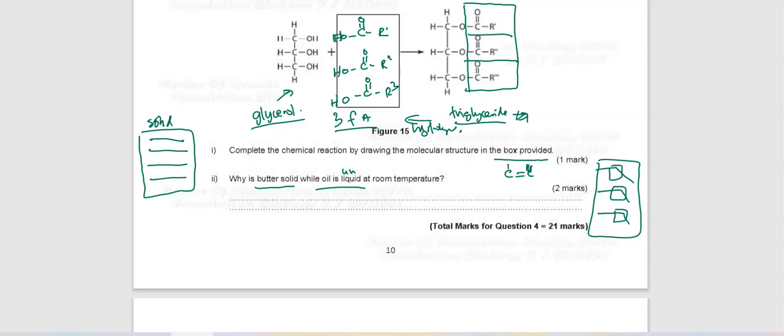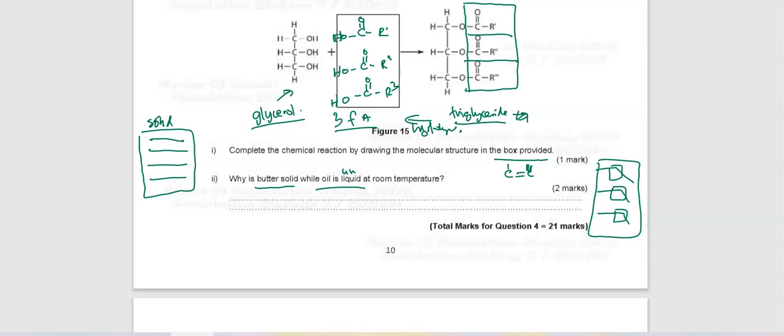So the structure is saturated with hydrogen, or there is a maximum number of hydrogen atoms in the molecule of saturated fat. There is no presence of double bond between the carbons in the fatty acid, and there is no kink. So the molecule of saturated fat will be straight molecule.